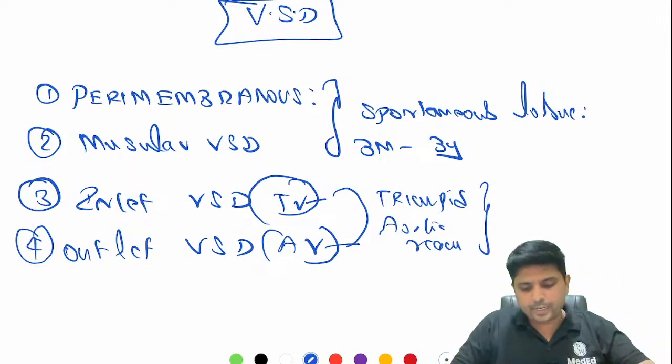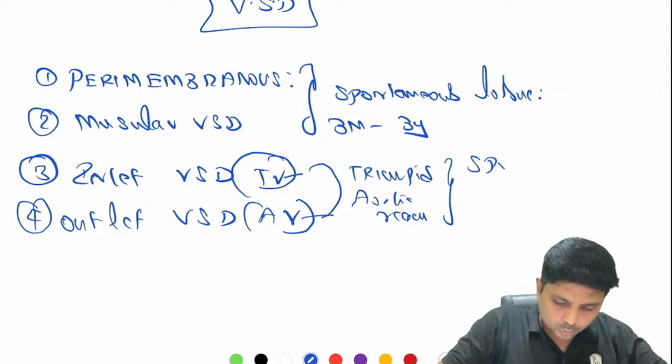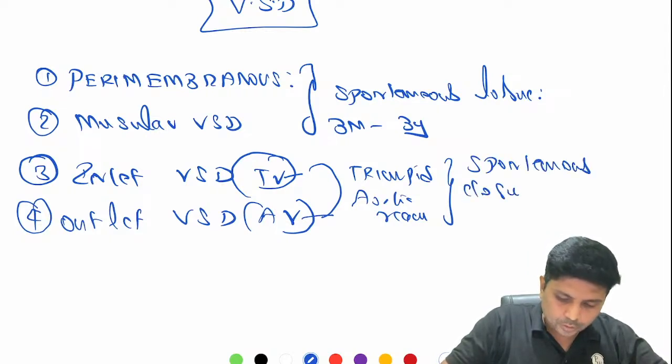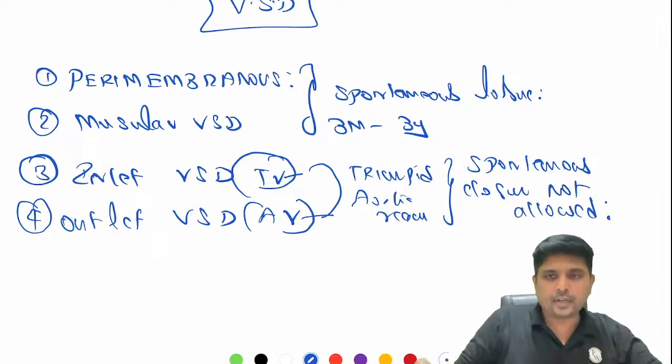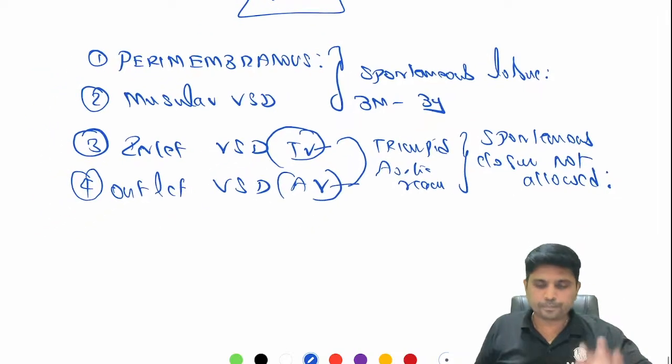So spontaneous closure is not allowed in inlet and outlet VSD.